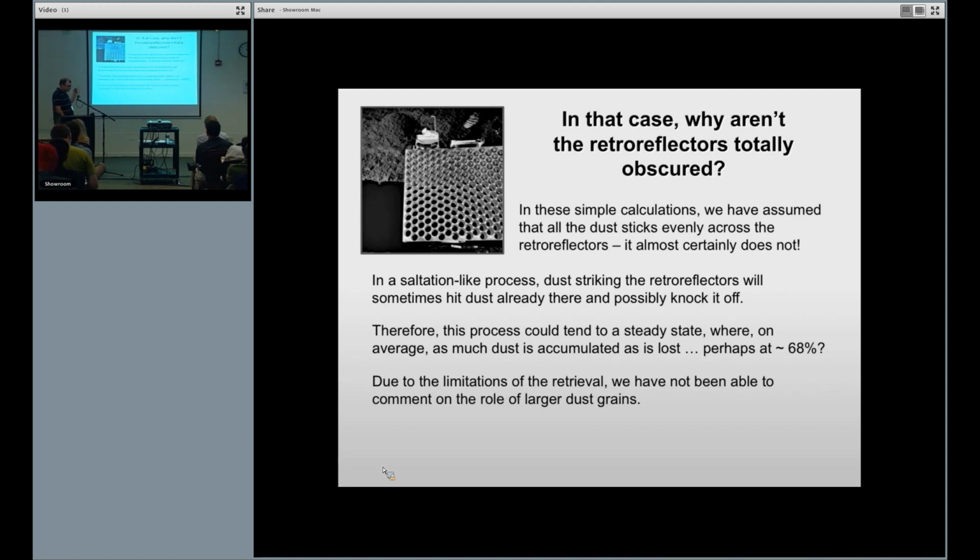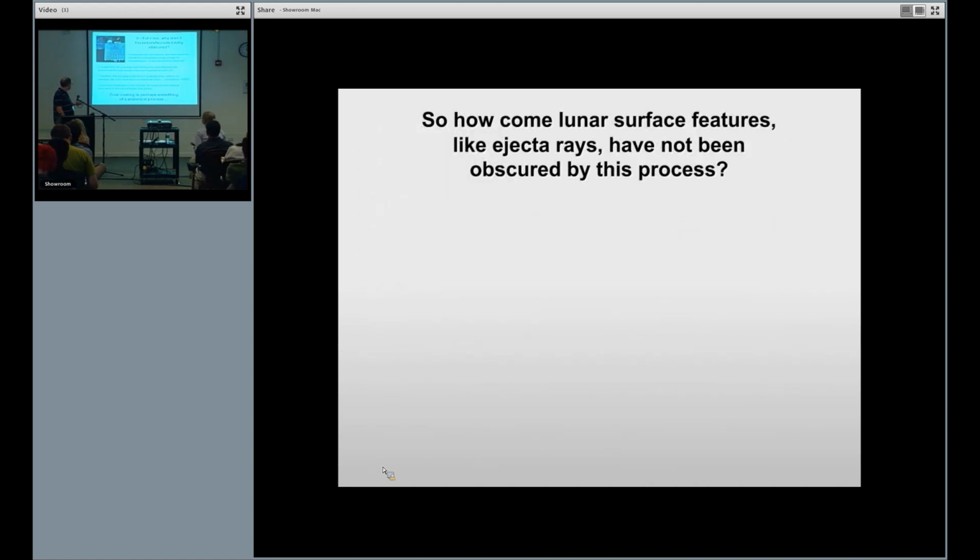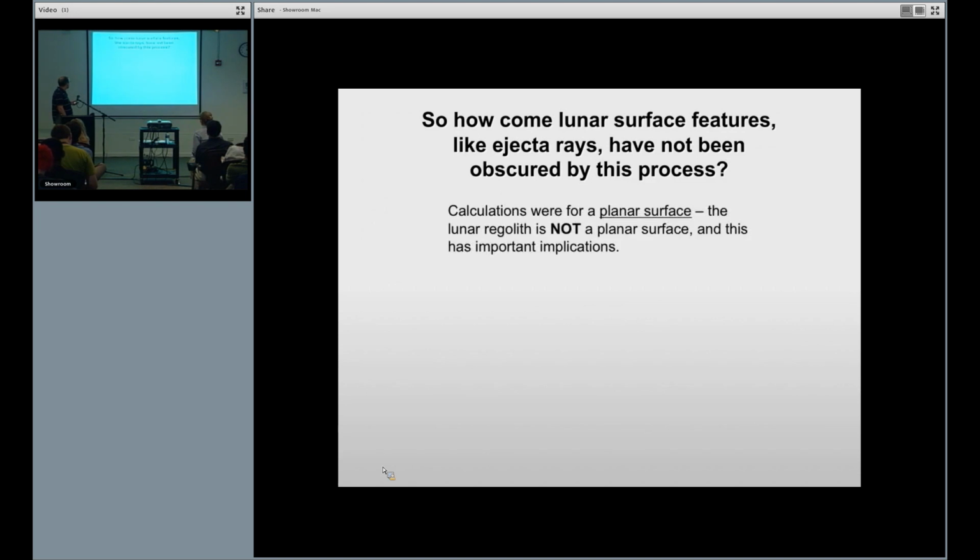And of course, because of the limitations of this retrieval, we haven't considered the larger dust grains. We can only really say something about the submicron stuff. And so this dust coating process is perhaps something of a statistical process. So in that case, why aren't ejecta rays and other surface features obscured by this process? Well, in the calculations I did a second ago, I was assuming a planar surface, and the lunar regolith is not a planar surface.